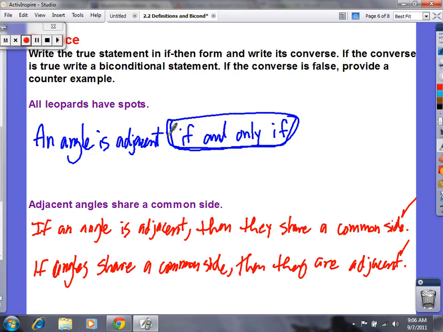So angles are adjacent if and only if what, Fernando? They share a common side.